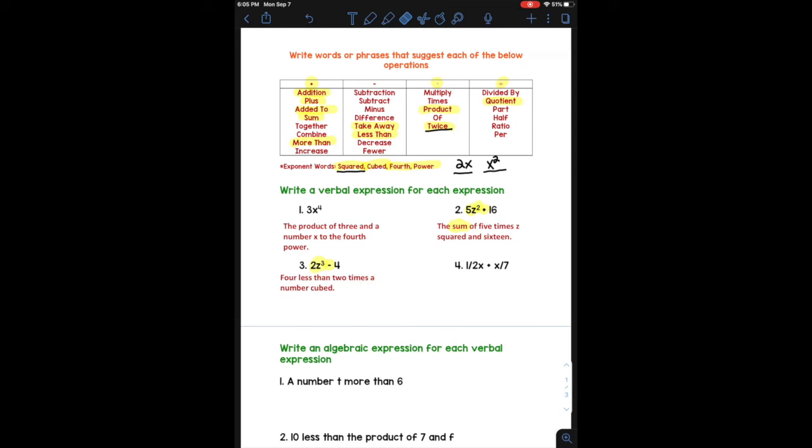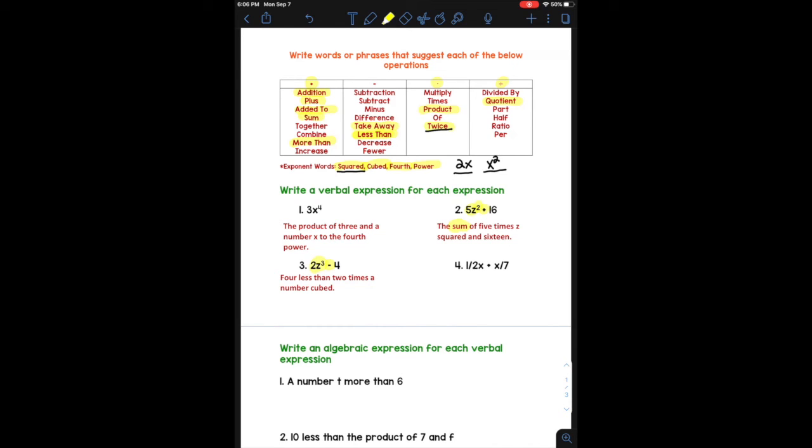The example they give us here is 4 less than 2 times a number cubed. This phrase less than, also on the list of subtraction that I highlighted, we've got to look out for that, because that means the item comes second in the expression. So 4 less than 2 times a number cubed.